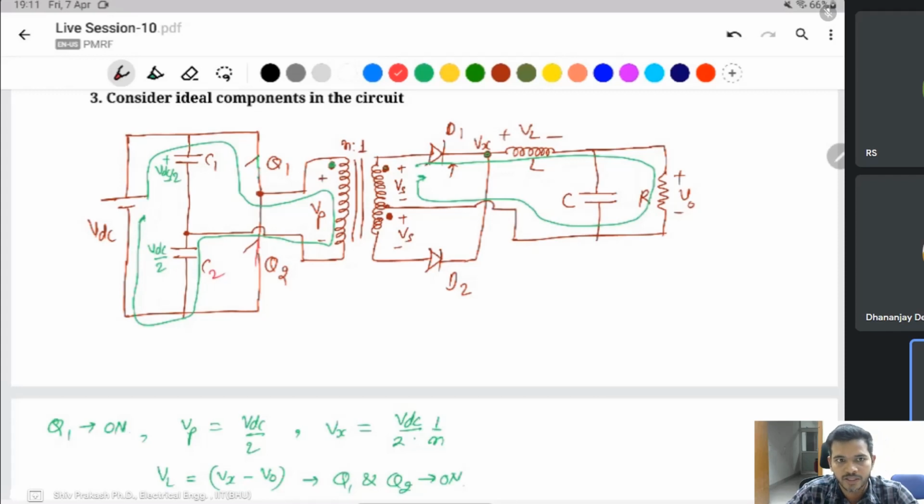If this one is different, then in the positive and negative polarity of the transformer, a different voltage occurs. That leads to saturation of the transformer. That's why it should be equal, and the voltage should be equally divided, VDC by 2, VDC by 2 only.